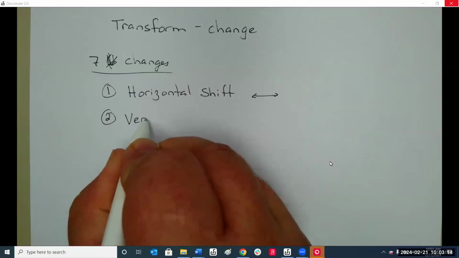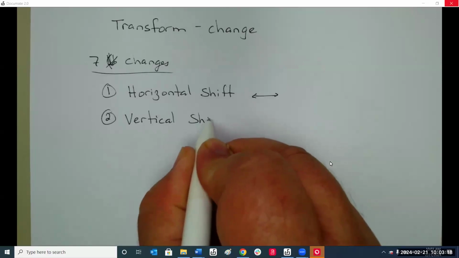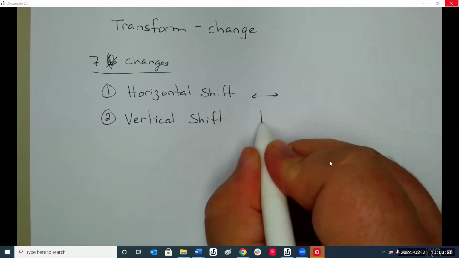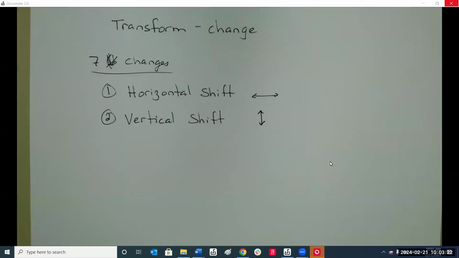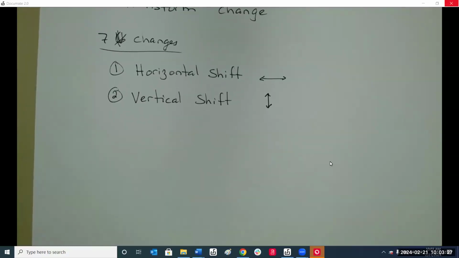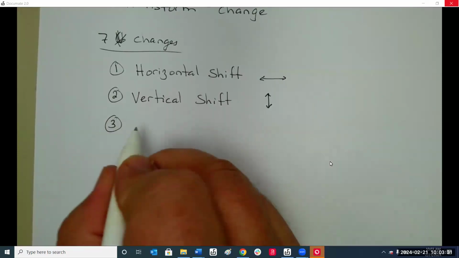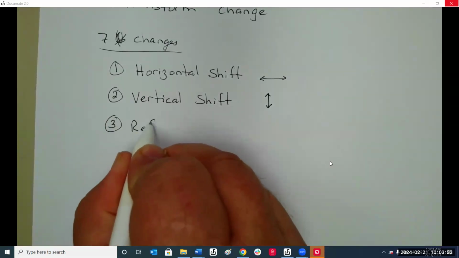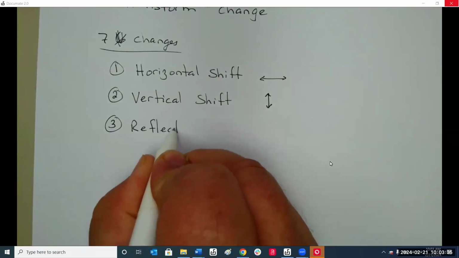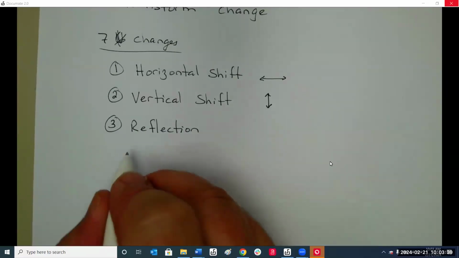We could do a vertical shift. That's up and down. We can do what's called a reflection. And there's actually 2 of those.